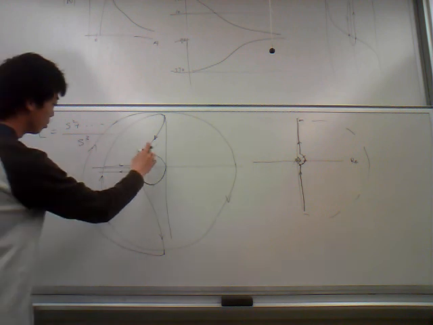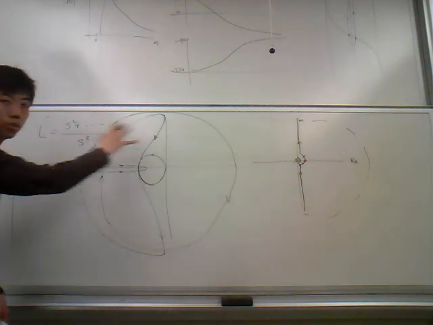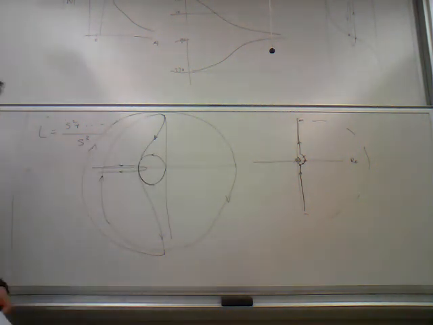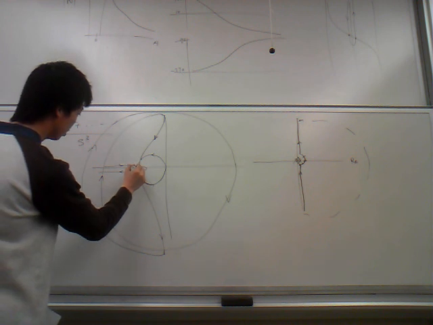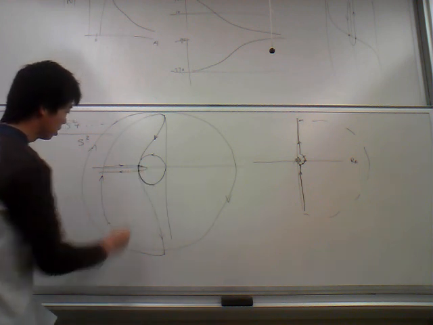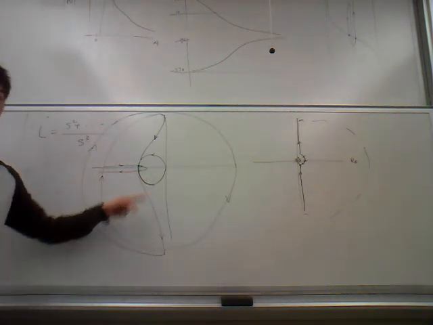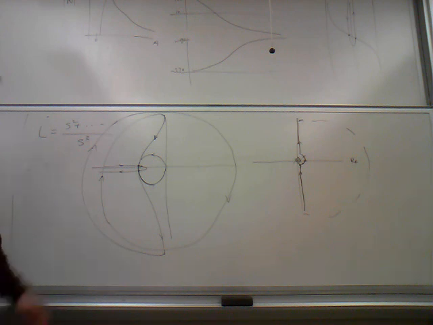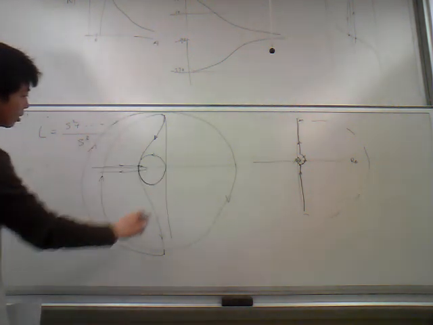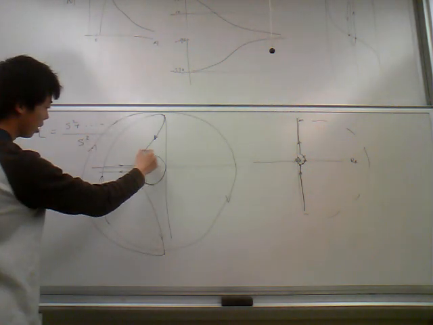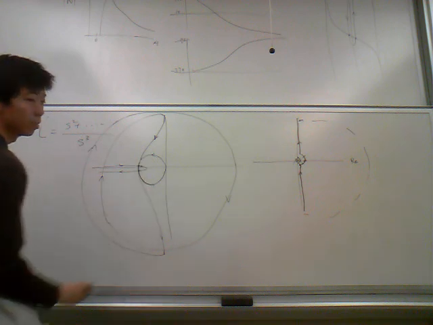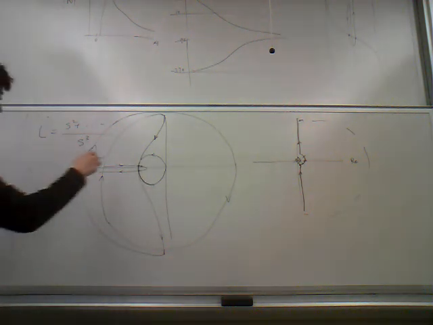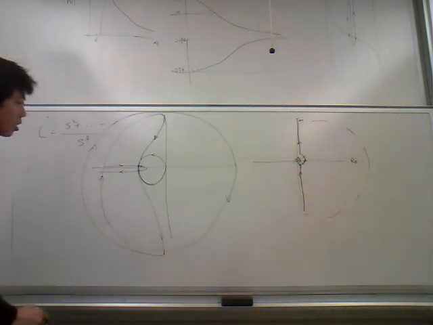So if you didn't draw the full thing, you might be tempted to say, well, for this one, as I'm increasing a, I'm inside, so it must be unstable. But if you did the full Nyquist, you'll see that here we have a counterclockwise encirclement, and out here we have a clockwise encirclement.